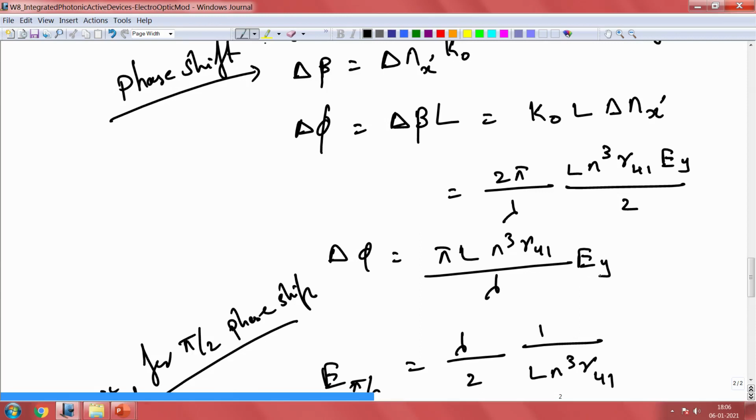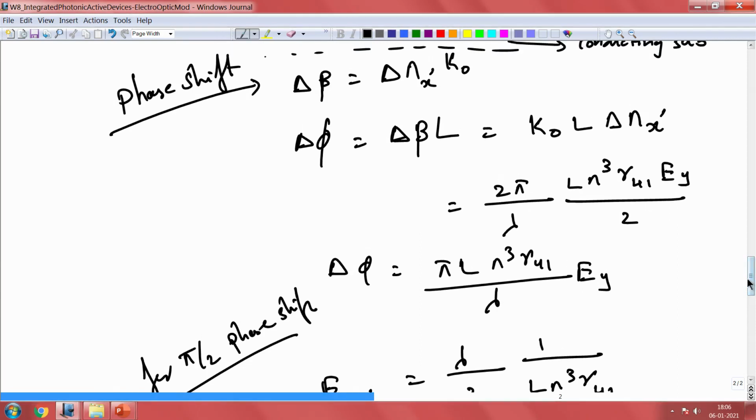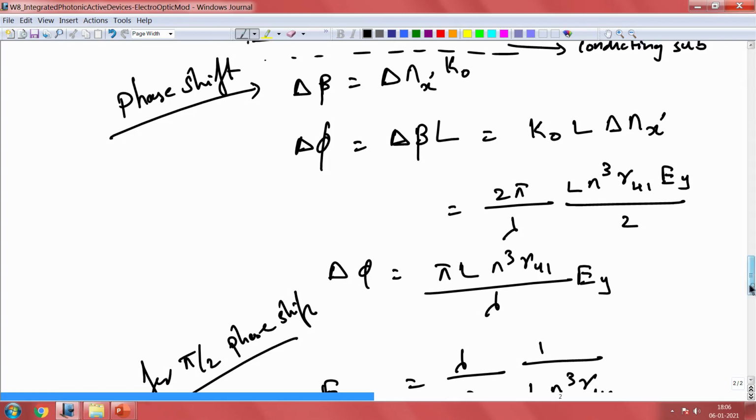Most of the time we try to keep the device power efficient and also small in size. If you make L longer, you will have a large device. Once you have a large device, then your E y goes down, the requirement for voltage goes down. So you can make it power efficient, but then the device will be larger. If you have enough power to dissipate, then you can have a shorter length.